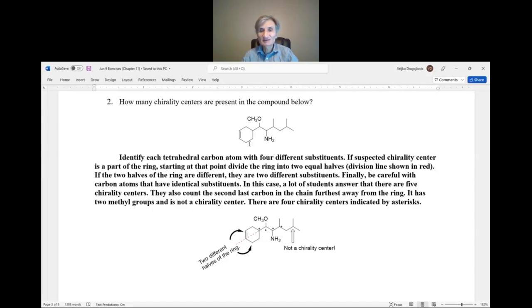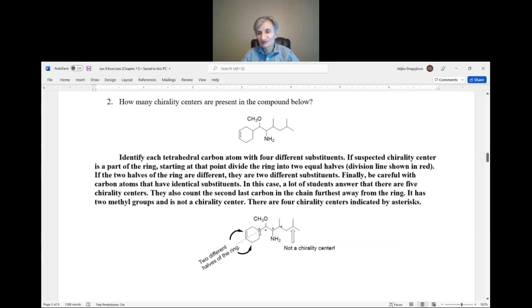If we are suspecting that a chirality center may be part of the ring, that carbon still must have 4 different substituents. So when you're going around the ring, what you're looking for first is any carbon that has 2 different substituents, those that are outside the ring.